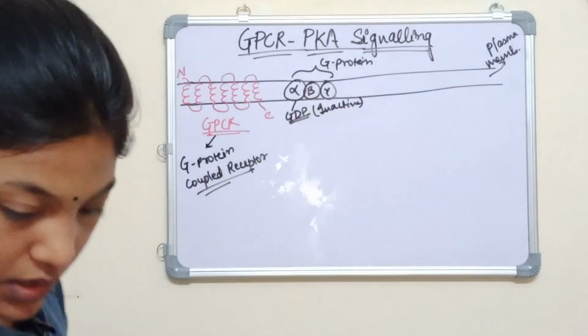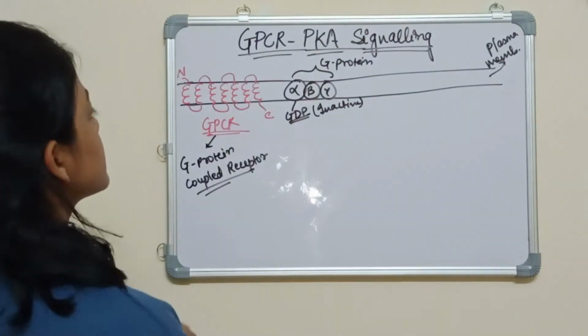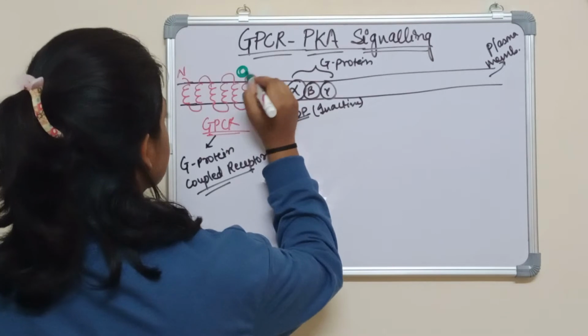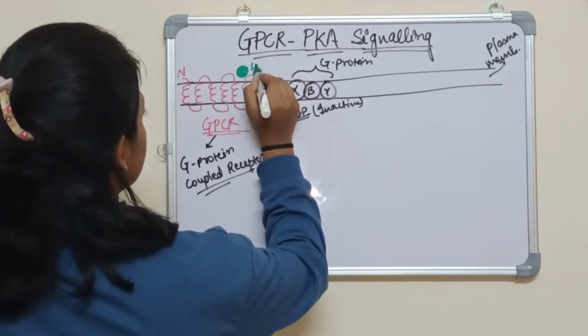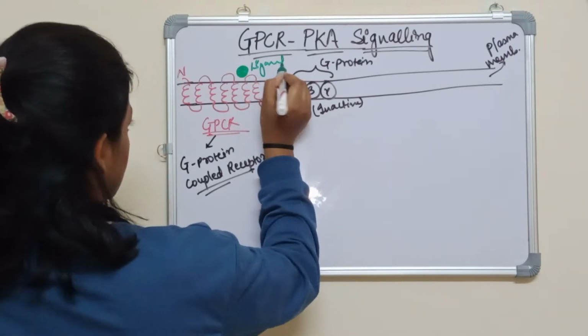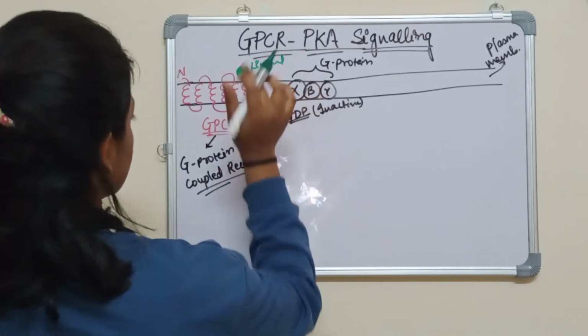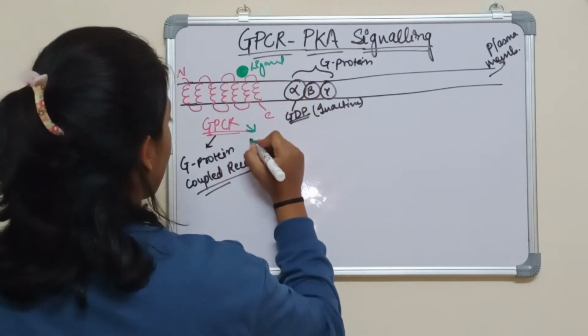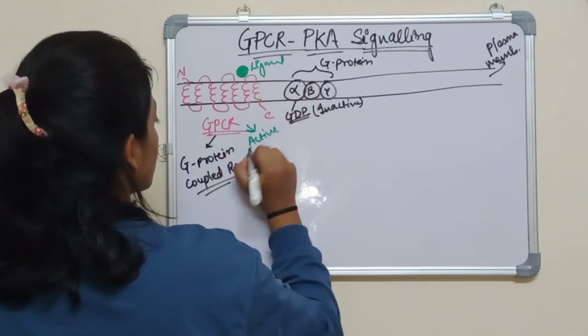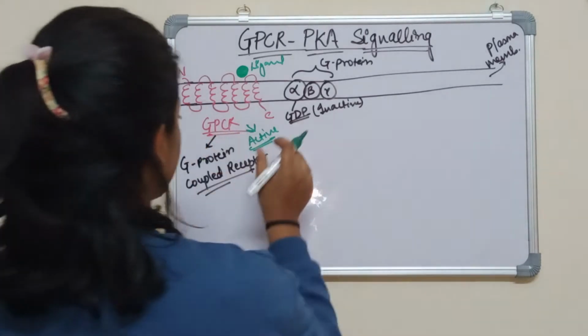But if a ligand comes and binds to the GPCR receptor, now the GPCR becomes active. Once the GPCR is active, what will it do?